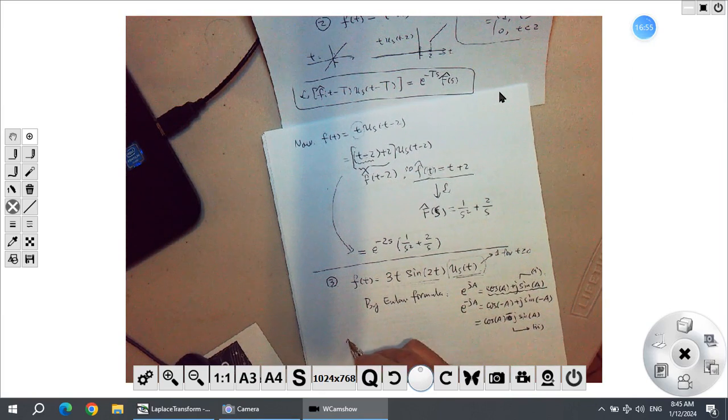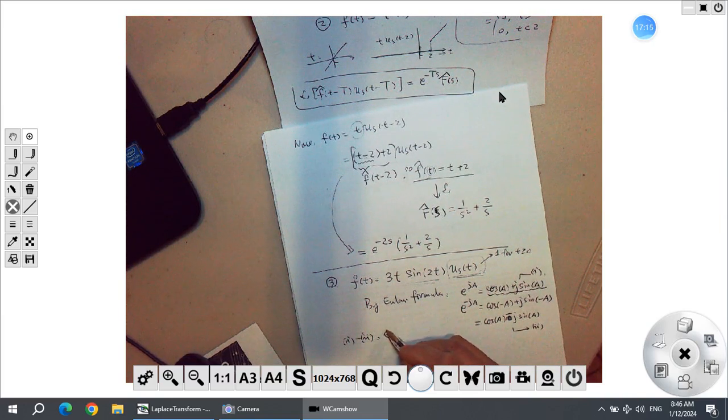We say this is equation 1 and this is equation 2. We want a sine, so sine can be written in terms of these two. I just use 1 minus 2.